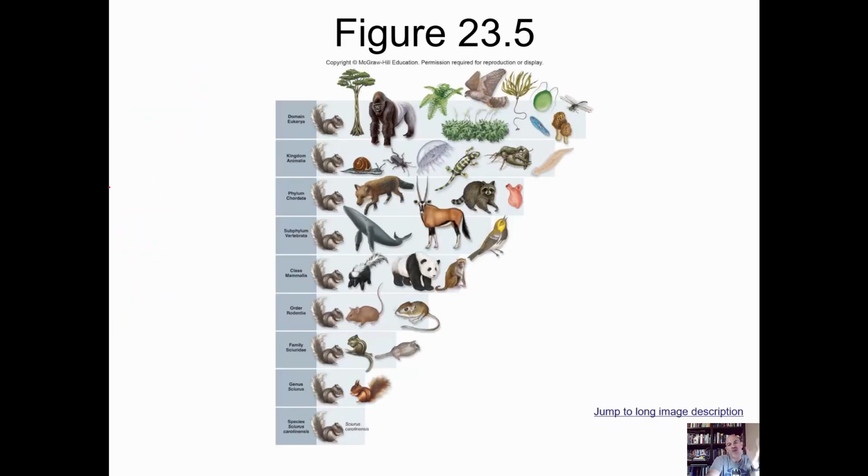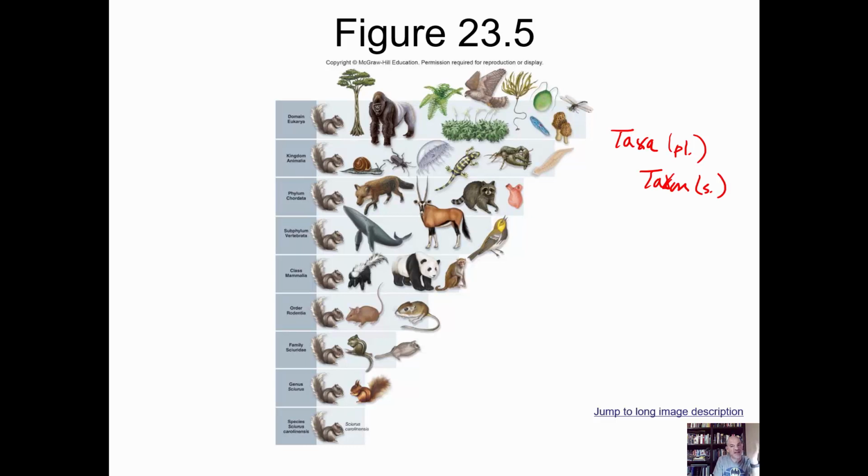Now, those are the ranks. The actual names are going to be referred to as taxa. Okay. The actual names. Like if I say mammals, that's a taxon. Taxa is plural, by the way. Taxon would be singular. Okay, so this is plural form, and this is singular form. Taxon, okay, with an X. Okay.